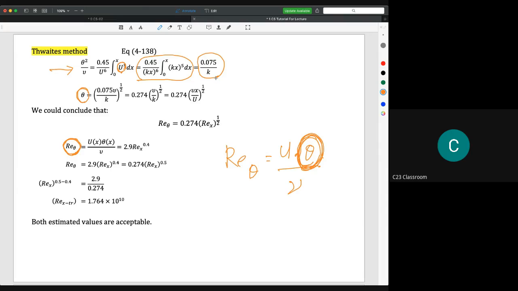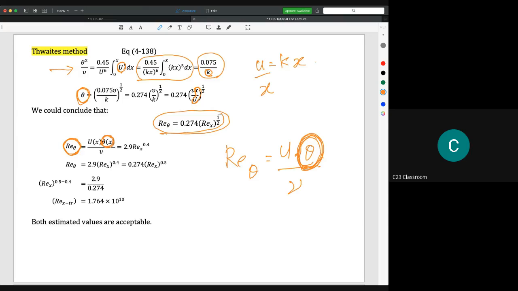Then we could replace the value of k here. We know that u is equal to kx, so we could substitute the value of k by u over x. That's why the value of u over x comes at this term. So now we have theta here. We substitute our theta in this term, and then we get this one.